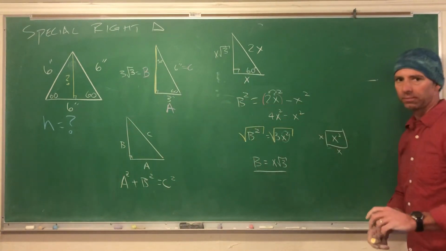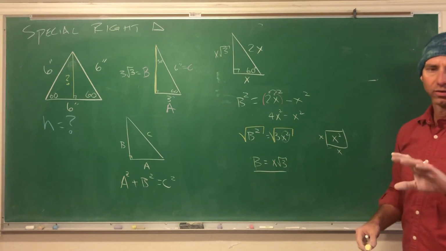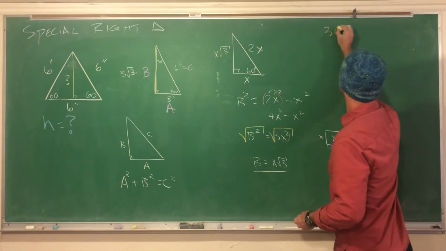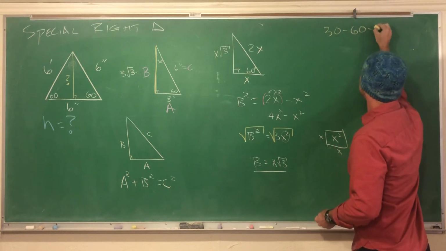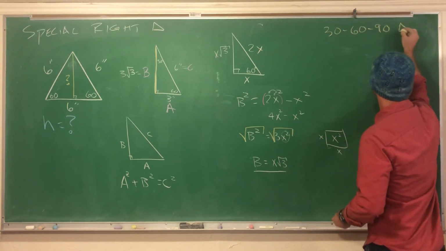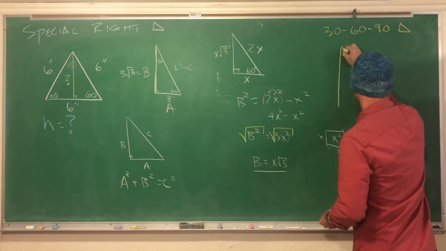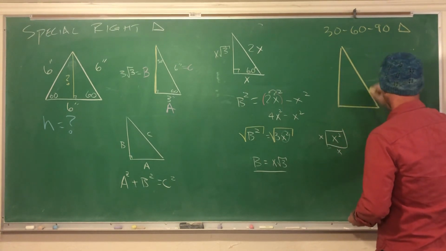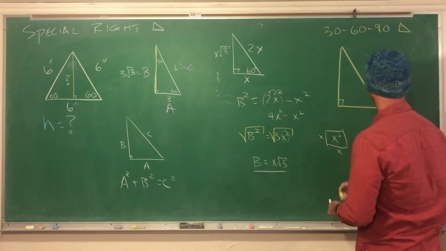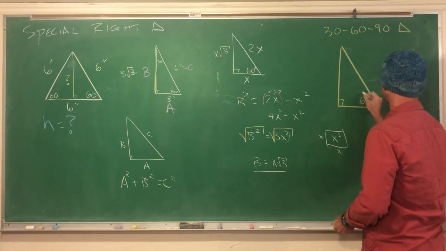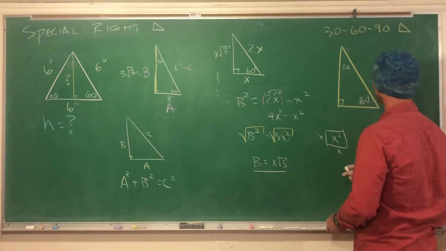And this brings up the first fundamental special right triangle. So the 30, 60, 90 triangle has these properties. 60 degrees, 30 degrees.